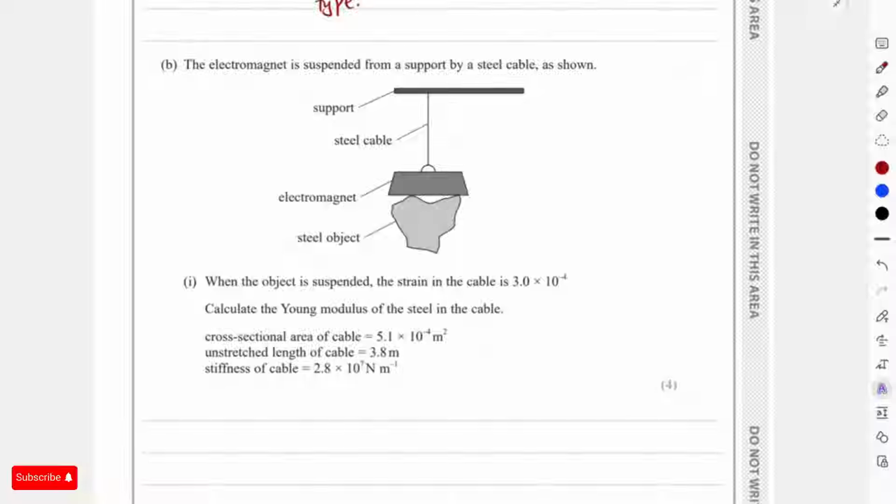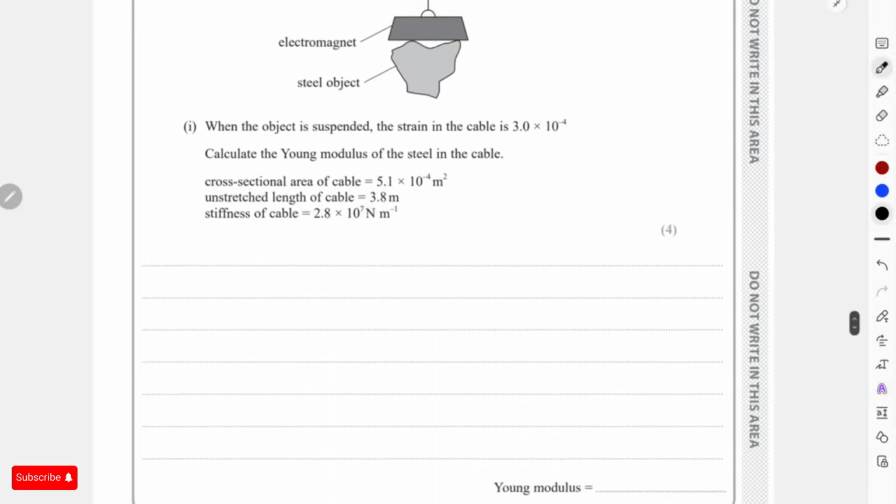So what we're supposed to do is this. We have this unstretched length and this strain. From these two data we can calculate the extension, and then from that extension and this stiffness we can calculate the force. So we'll start with the extension first, because without extension you cannot find force, and without extension and force you cannot find the Young modulus.